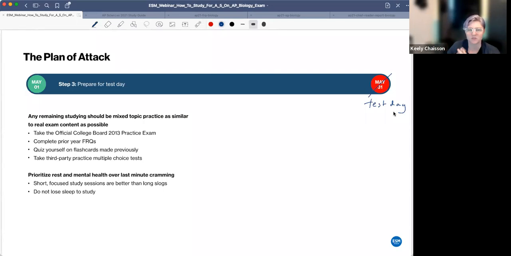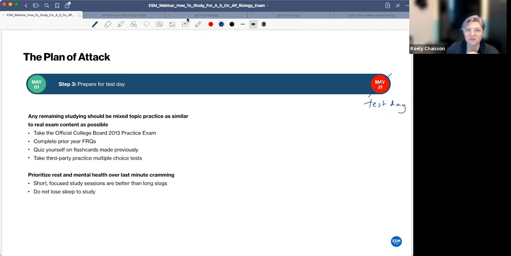You may not have the first weekend in May. I would recommend it, but if not, then you might have to switch this into the last bit of April. But I would say at least 2 practice exams over the course of your studying. Ideally, I do at least 3 full multiple choice sections, and I would use the FRQs to study.